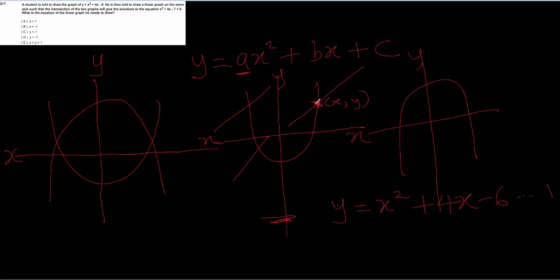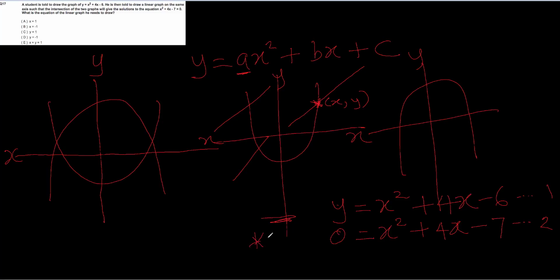And they gave us a second equation that 0 is equal to x squared plus 4x minus 7. And this is our equation 2. Okay. What is this equation? They called it the solution at this intersection.